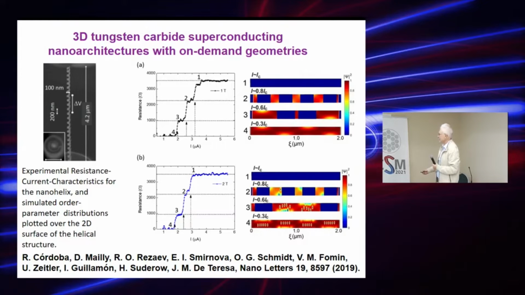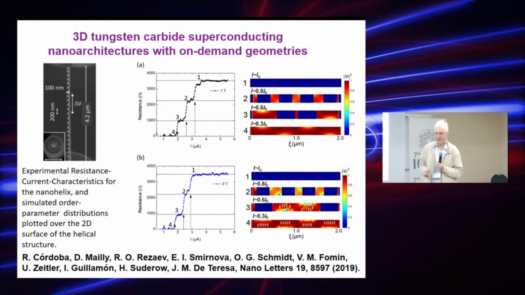Let's increase this current. And at another, higher value, the phase slip appears also in 2 other half windings, because the distribution of the order parameter is not uniform along the nanotube. They do not appear everywhere in a homogeneous mode.